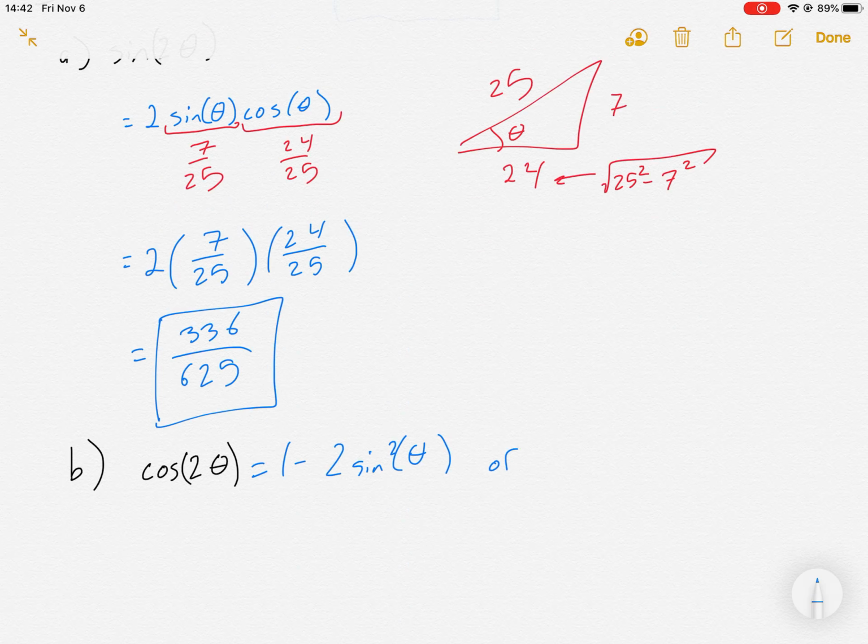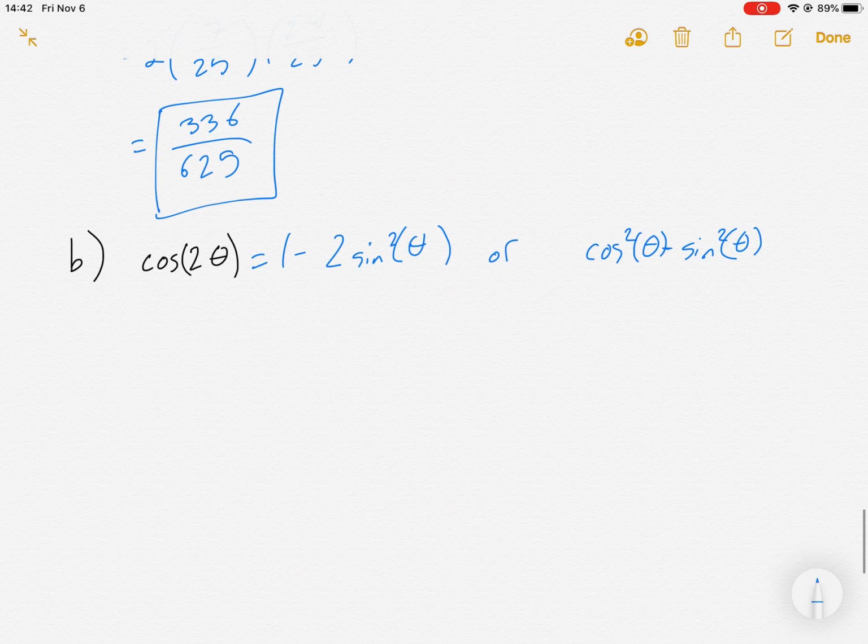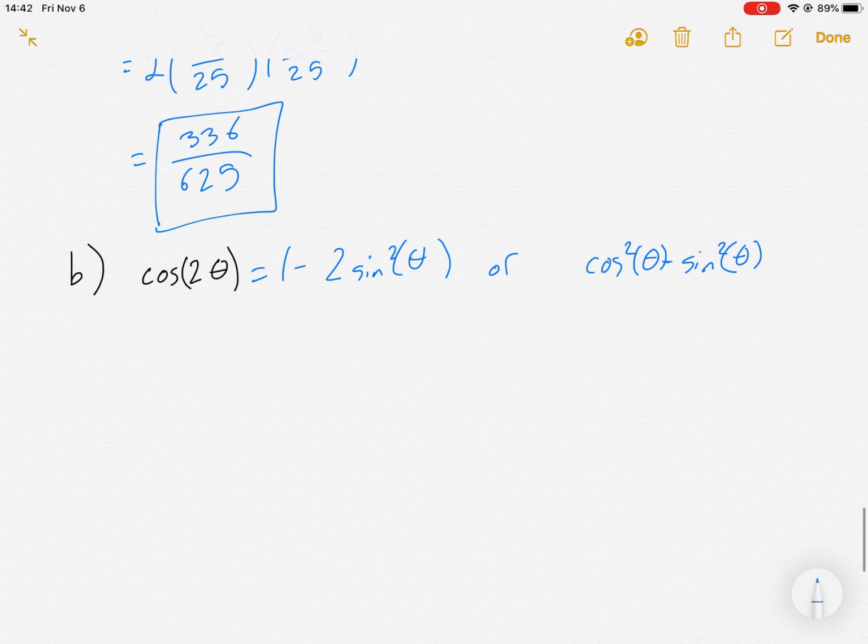Or I could just, since I have the triangle, go cosine squared of theta minus sine squared of theta. If you don't want to have to deal with multiple versions of a formula, you really don't need all 3. You can always use the one I just wrote. So let's go ahead and use the sort of easier one.